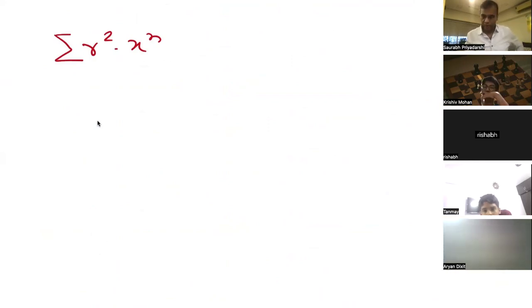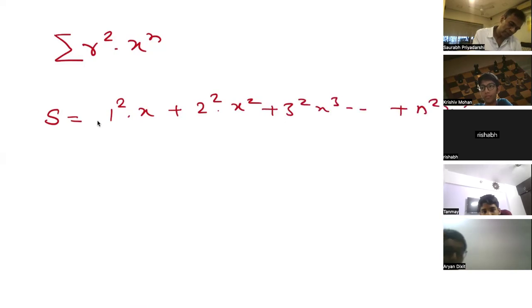Means the summation we have to find is 1 square x plus 2 square x square plus 3 square x cube up to n square x to the power n. Again, same theory, same fundamentals, same thing you have to do, nothing new.